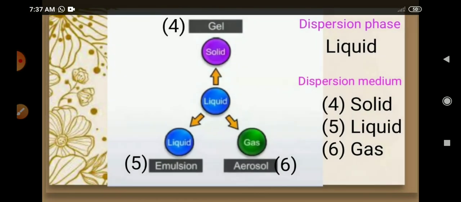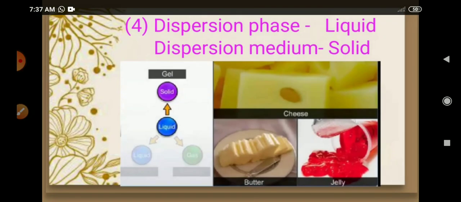Now the fourth type, fifth type and sixth type. In this type, dispersion phase is the liquid and mediums are solid, liquid and gas respectively. These are called as gel, emulsion, aerosol respectively. First let us talk about gel.